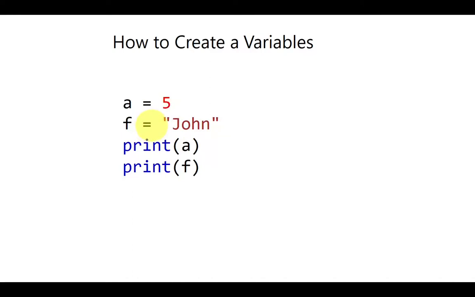It's what we use to assign the value to the variable. The print gives us the value. So if I put a here and print it out, I'm going to get 5, and if I print f, I'm going to get John.